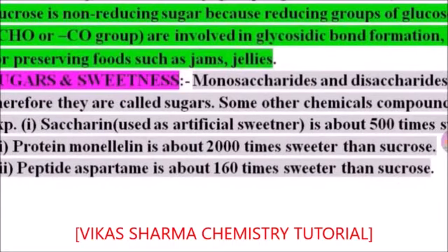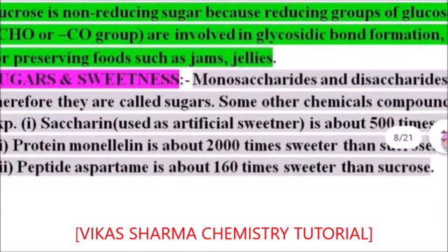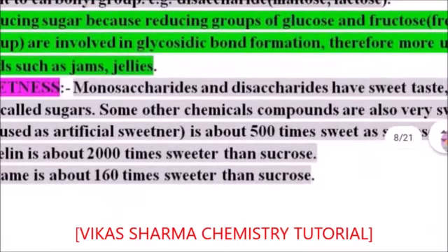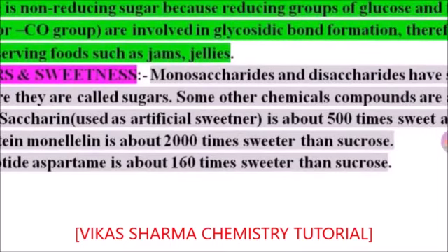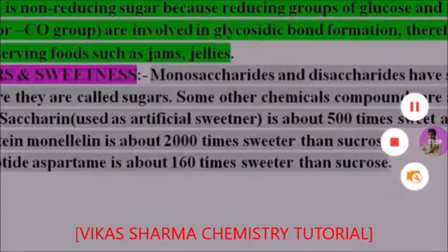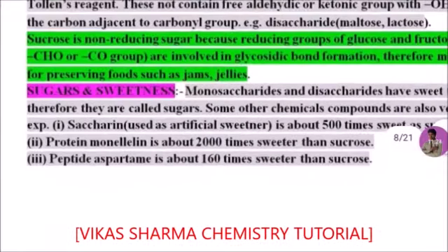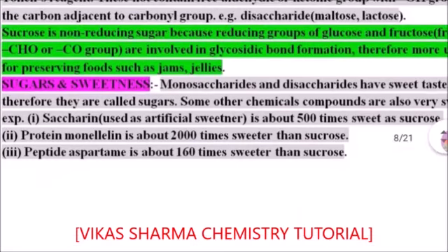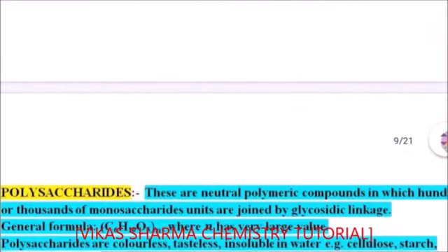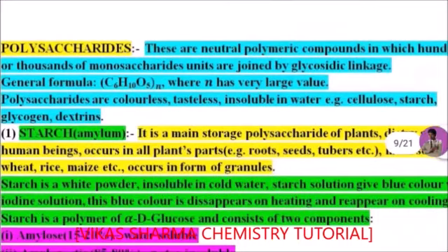Another, a protein known as monellin, is about 2000 times sweeter than sucrose, and another, a peptide, aspartame, is about 160 times sweeter than sucrose. So students, the sugars are known for sweetness, and many substances which are not considered sugars also have a sweet taste on our tongue.